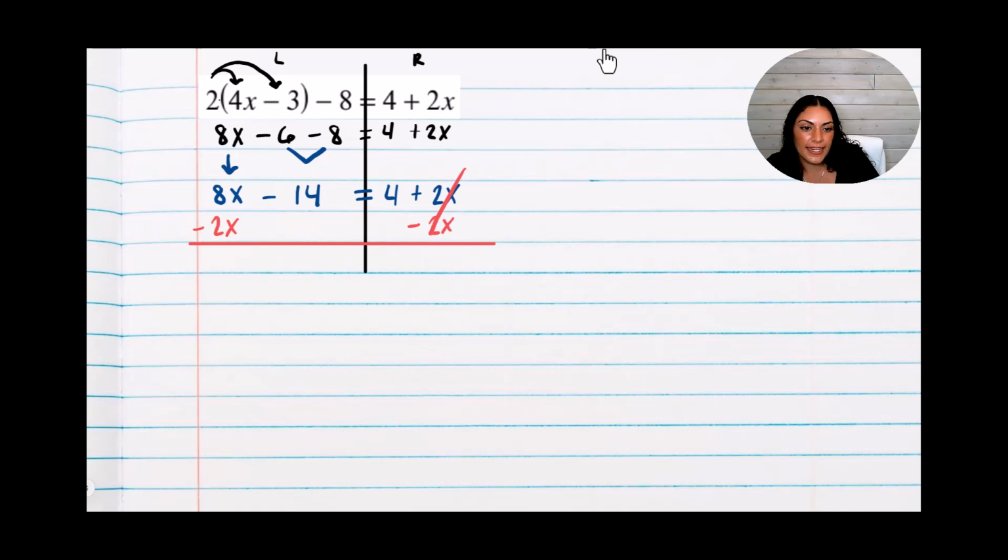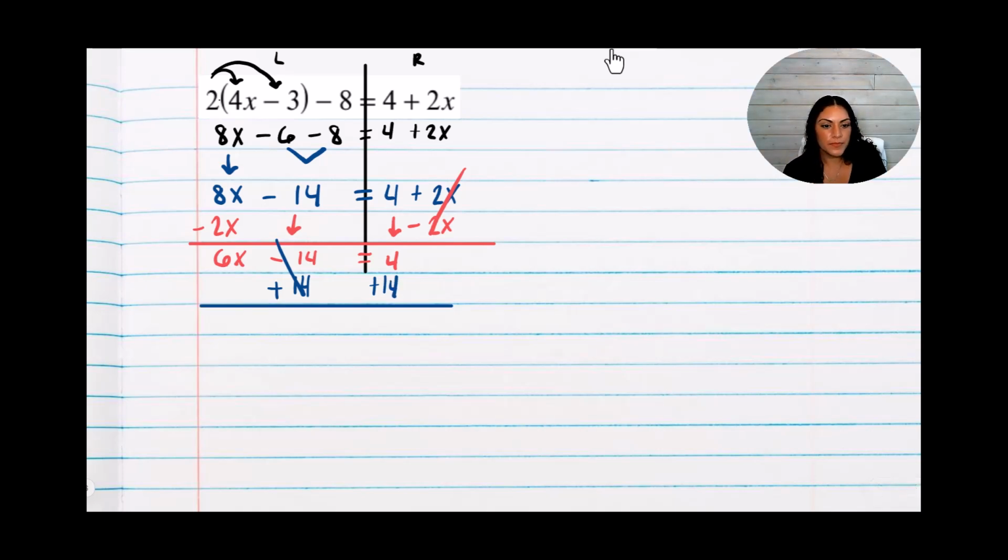Left to right, 8x minus 2x, 6x. Drop down this negative 14 equals drop down this 4. Inverse operation to move our constants to the right, negative 14. The inverse operation is positive 14.